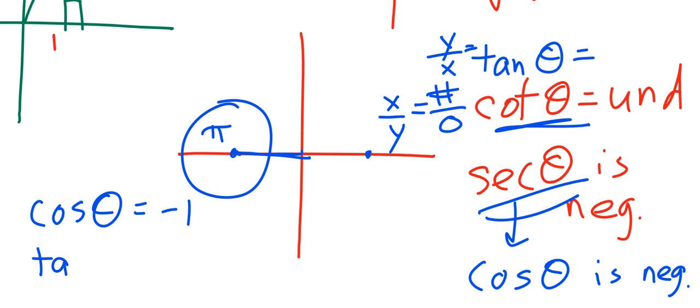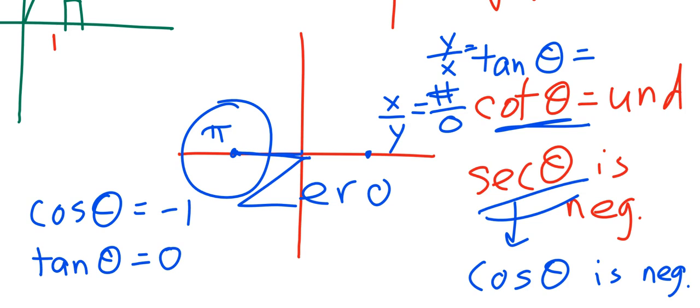Now they ask me for the tangent. The cotangent was undefined, folks. We know we're dealing... Look at that line right there and tell me what the heck the slope is. 0. Right, I even did the little capital Z thing for you to remind you.